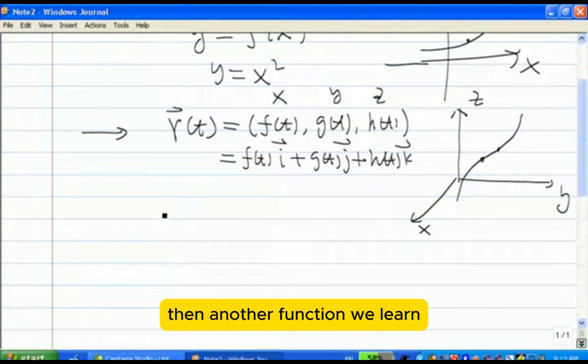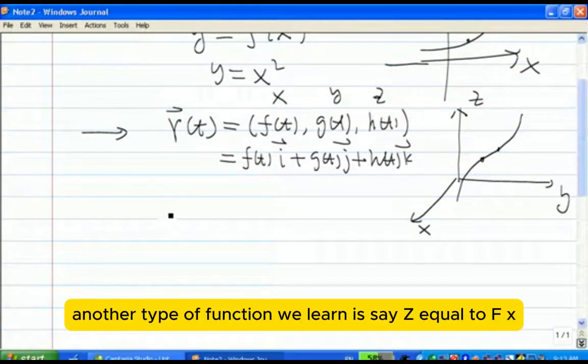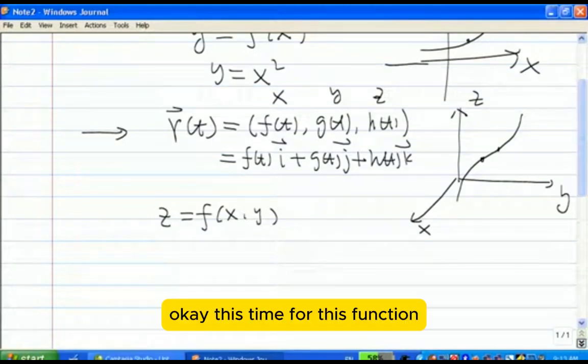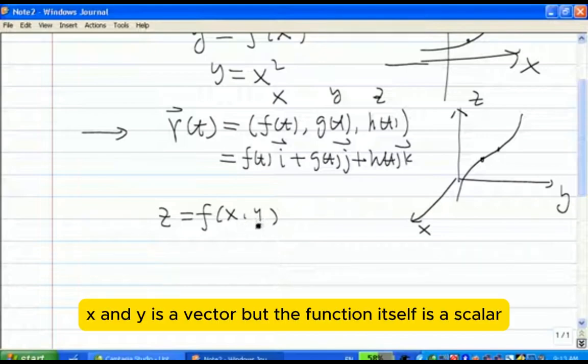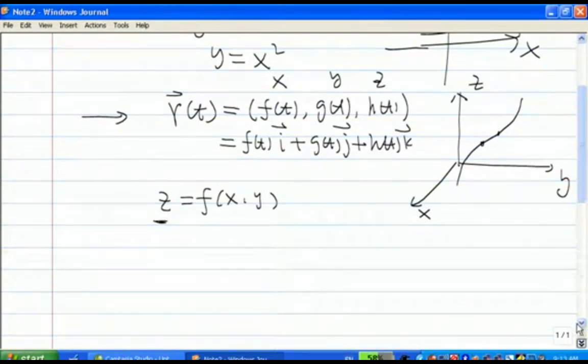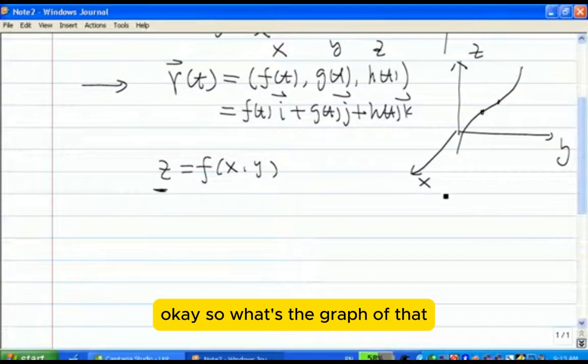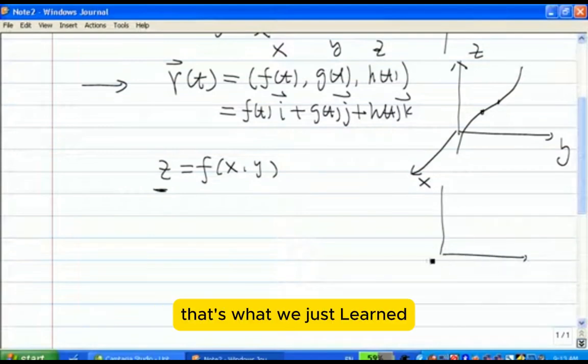Then another type of function we learn is, say, z equal to f(x, y). This time for this function, the independent variable has 2 components, x and y, so it is a vector, but the function itself is a scalar. The dependent variable z is a scalar. So what's the graph of that? That's what we just learned.